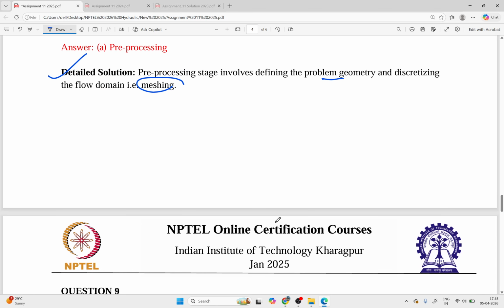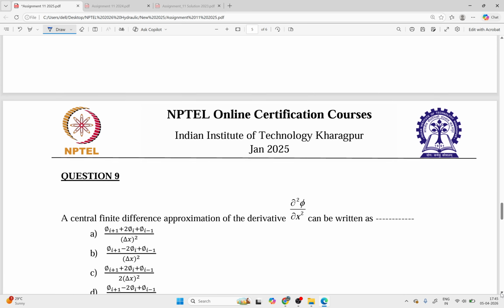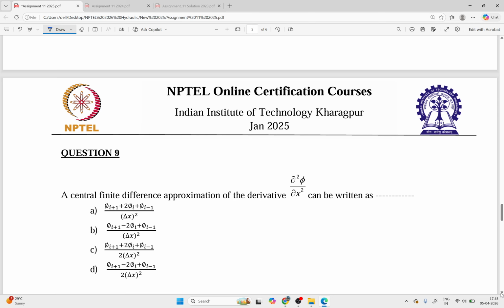Question number 9. Again, from your fundamentals: a central finite difference approximation of the derivative d square phi by dx square can be written as: option A, phi i plus 1 plus 2 phi i plus phi i minus 1 over delta x square.